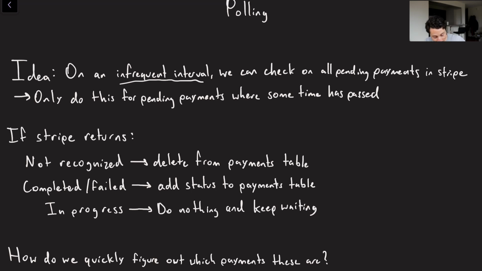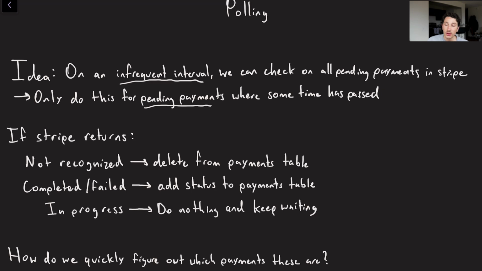So the first thing to note is that we should probably only do this for pending payments where some amount of time has actually passed. The reason being that if we go to Stripe and we say, hey, what do you think of this payment? Has it completed or failed? And Stripe says, I've never actually heard of this payment ID or this idempotency key. Then you're going to say, oh, we must have actually never made it to Stripe for this one.